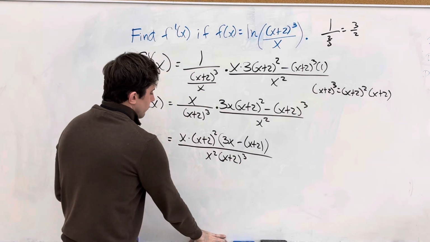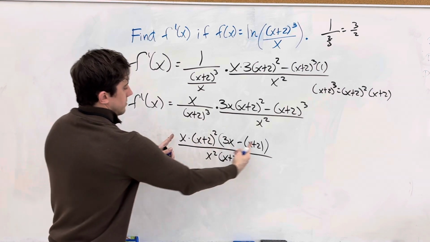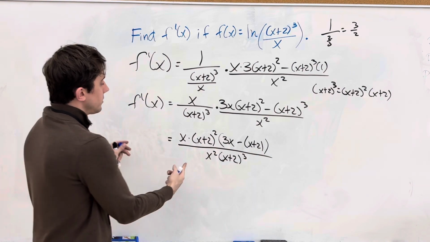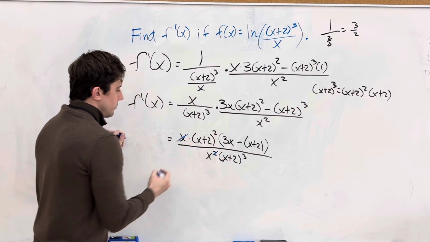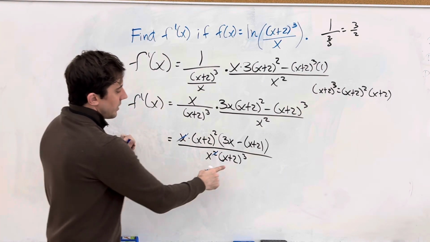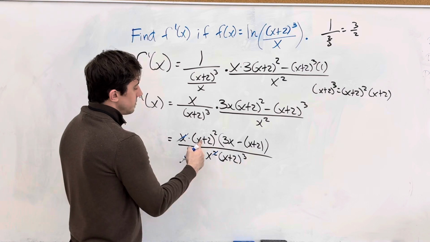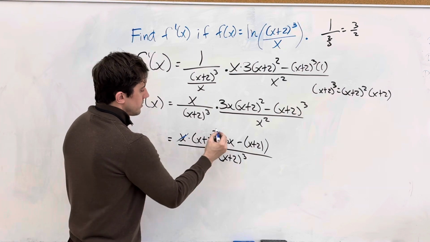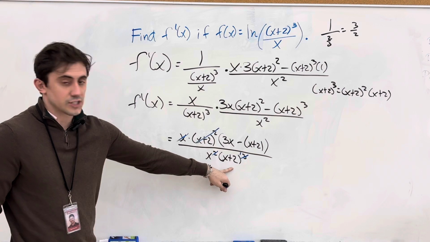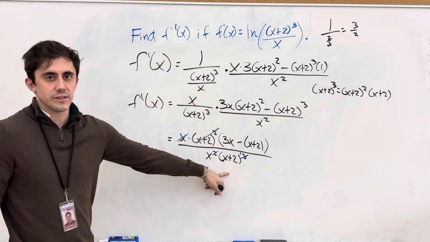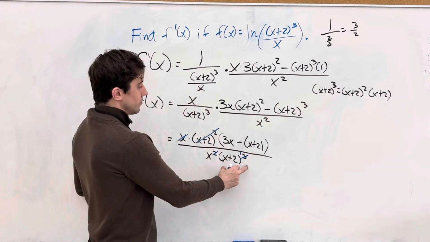Now let's simplify some more. So everything is combined in the numerator conveniently. So we have x over x squared. We can cancel out one factor of x. We have (x plus 2) cubed over (x plus 2) squared, so we can cancel out two of those factors. We have one factor of x plus 2 left in the denominator, right? We can't get rid of it completely.